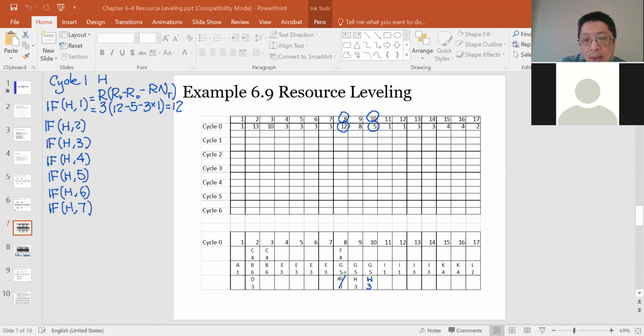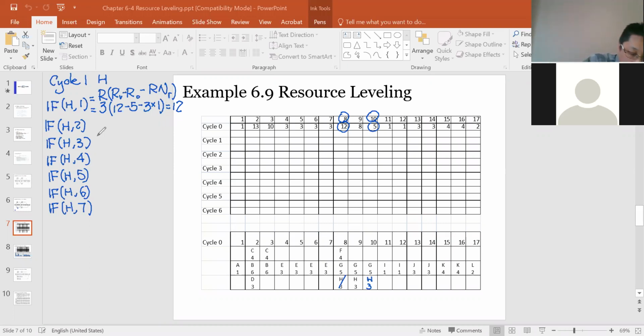For H, duration is 2. And how many days you shifted is 1 for the first calculation. So compare 1 and 2, find the smaller number. So we got NR equal to 1. Okay, this is the first calculation.